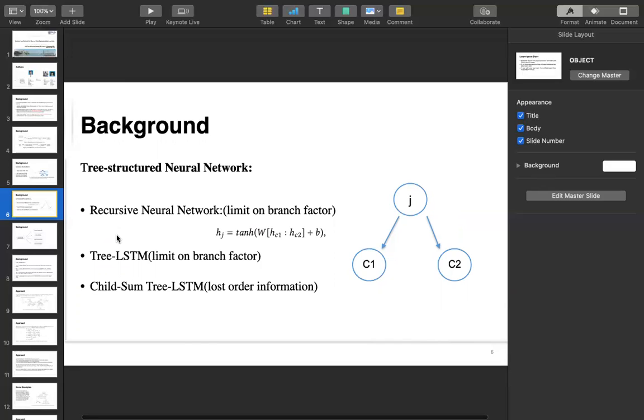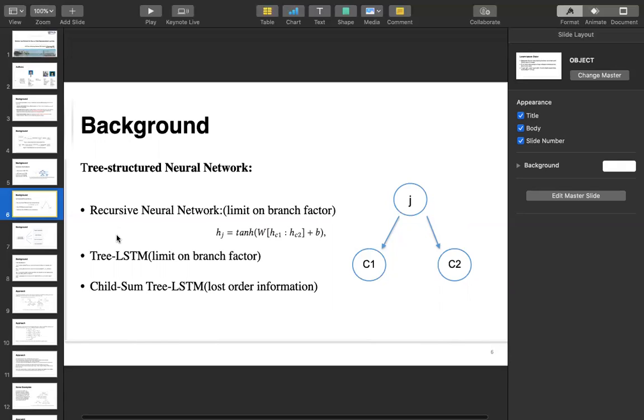Then the recursive neural network module will concatenate the hidden units represented by C1 and C2, multiply by the weight, and apply the hyperbolic tangent function. Then we get the hidden units of J. Here HC1 and HC2 are the hidden units of the neurons.